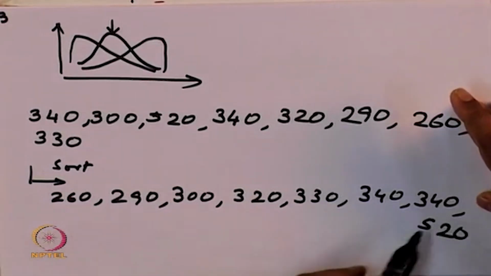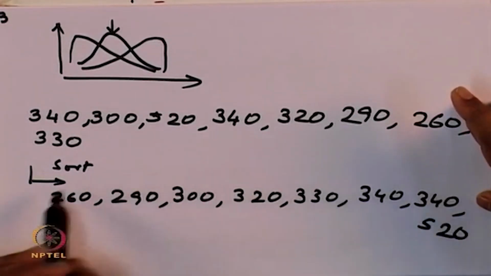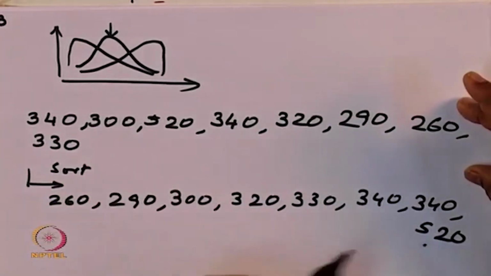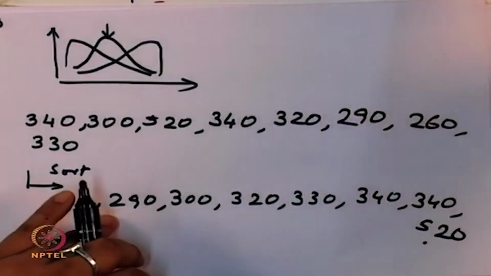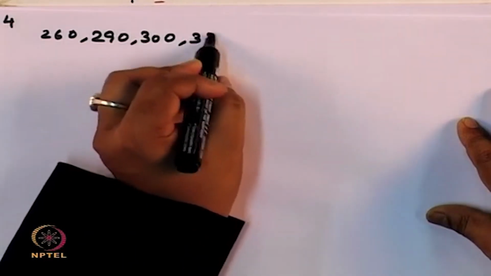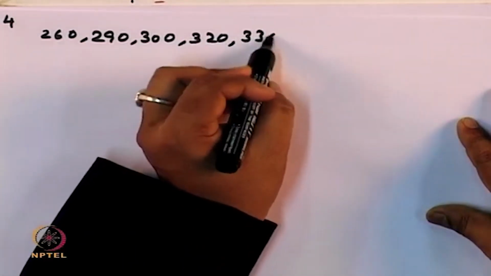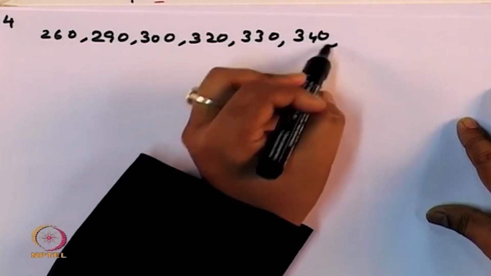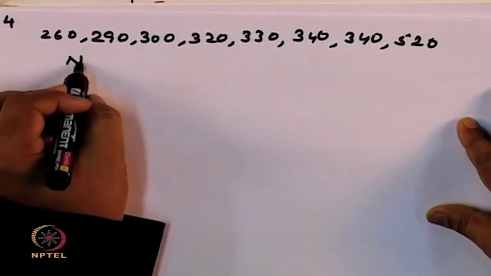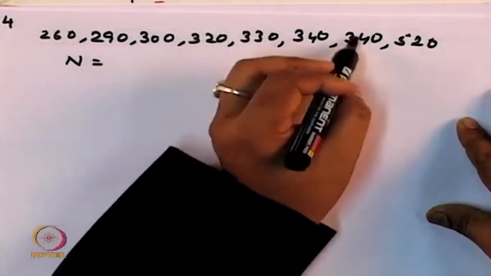We can already see clearly here that as opposed to all of these points which are clustered together, this data point seems to be out of the plot. But let us do our necessary calculations once again. You have 260, 290, 300, 320, 330, 340, 340, 520. My total number of measurements is 1, 2, 3, 4, 5, 6, 7, 8.